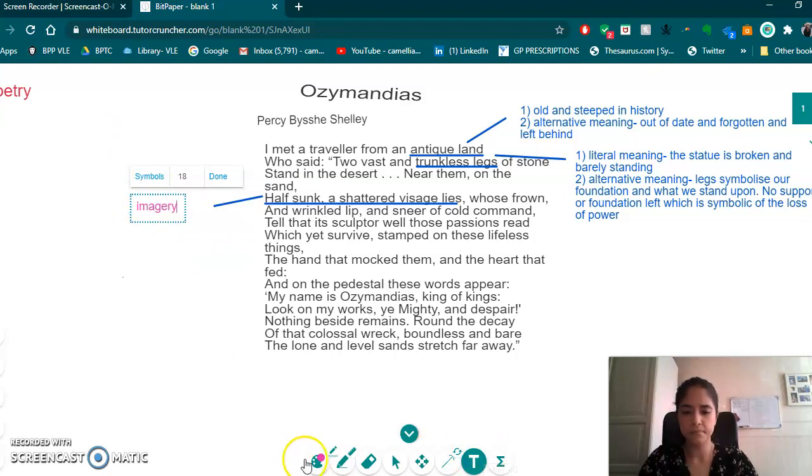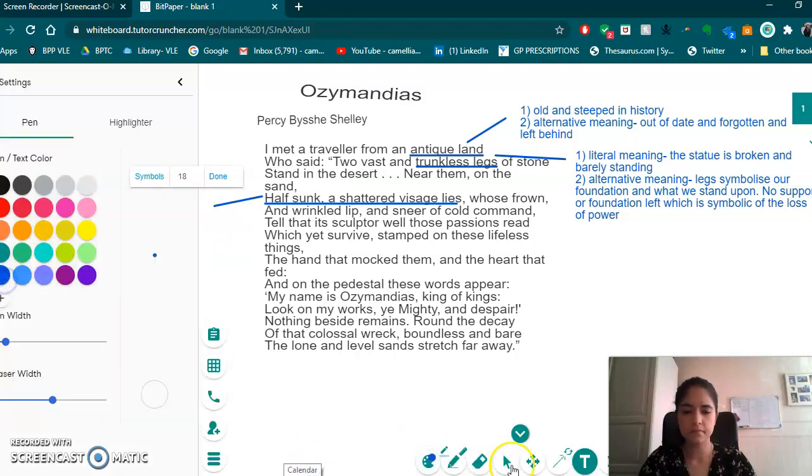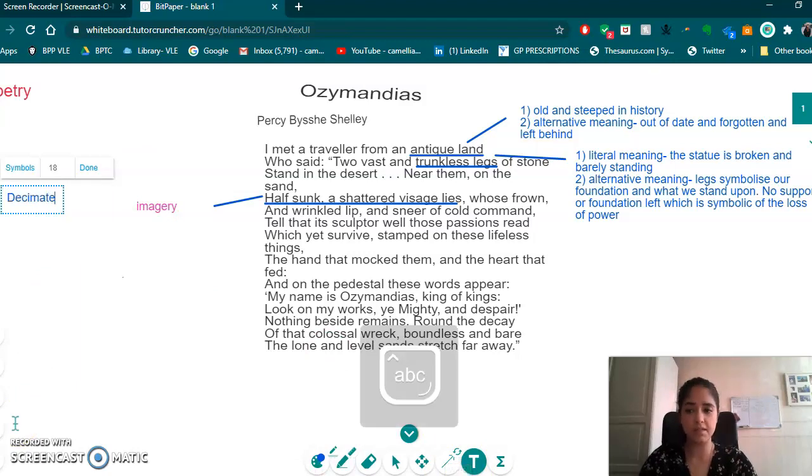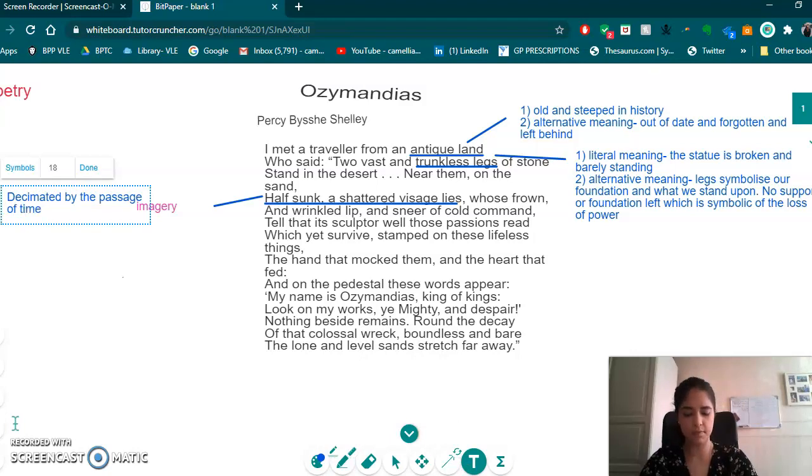Imagery. And what this imagery is saying to us is that it's been decimated by the passage of time.